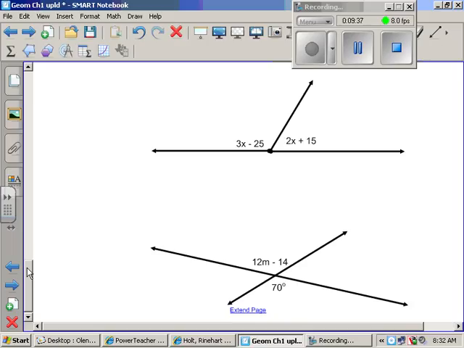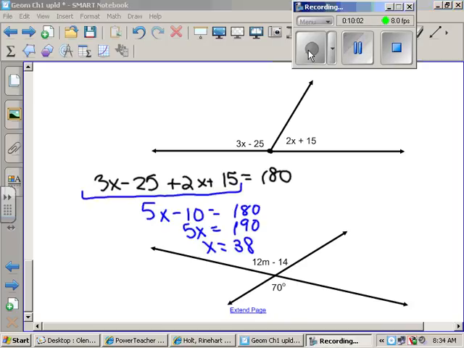How can I write an equation for that? Good, exactly. And then we solve it. So take a second and solve that equation.